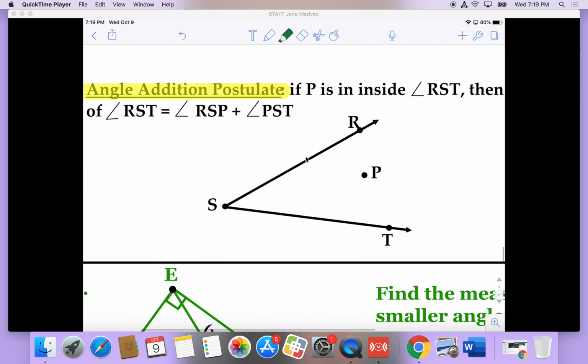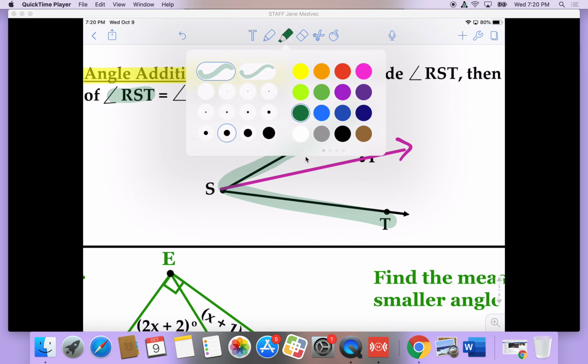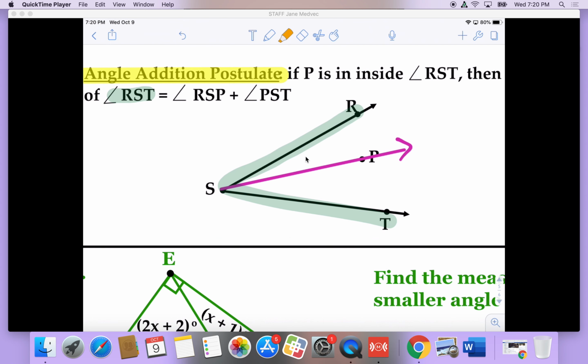Okay, angle addition is very similar to that. And so first of all, we're going to draw a ray like this. And what it says is RST right here. This is RST. That whole thing is equal to RSP.